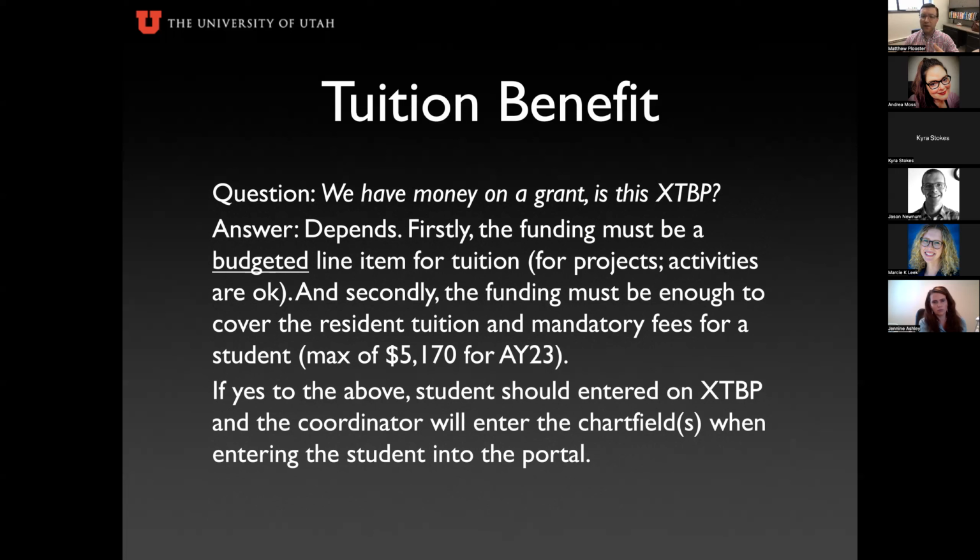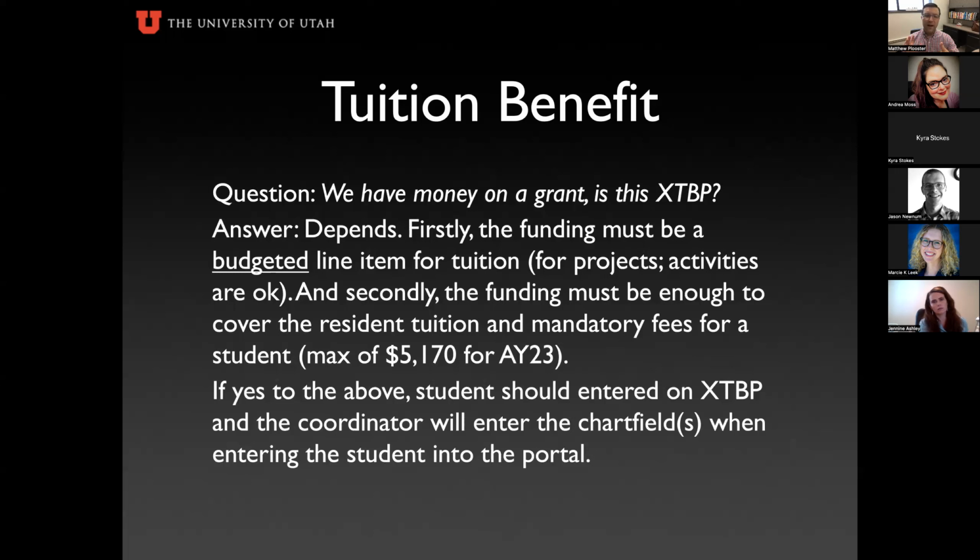And secondly, the funding must be enough to cover the resident tuition and mandatory fees, which again, for this coming year, will be a maximum of $5,170 per student per semester. But if your student is in 9 credits, it will be more around the $4,400 mark.